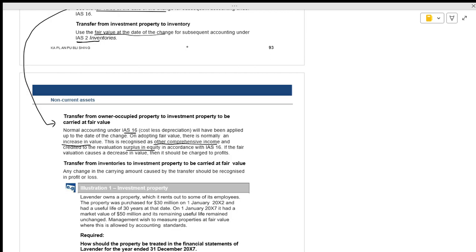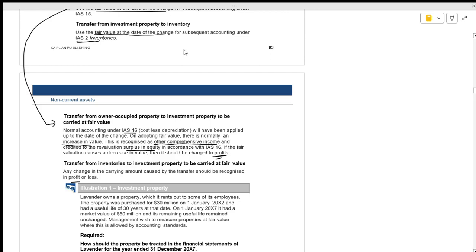If fair value causes a decrease in value, then it has to be charged to profit. If it is an increase in fair value, OCI and the statement of other components of equity. If it is a decrease in fair value, you have to decrease it from the profits, and if any specific reserves are there, you deduct it from those reserves. Any change in the carrying amount should be recognized in profit and loss.